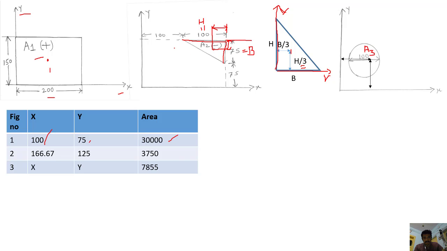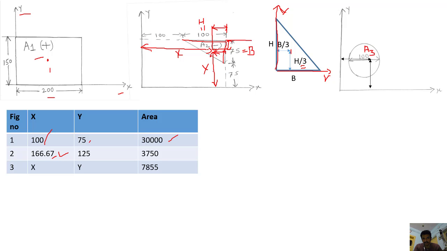Now we want that centroid from the y axis as well as from the x axis. For the x of that figure, it will be 200 minus 100 by 3, so 200 minus 33.3, which comes to 166.67.